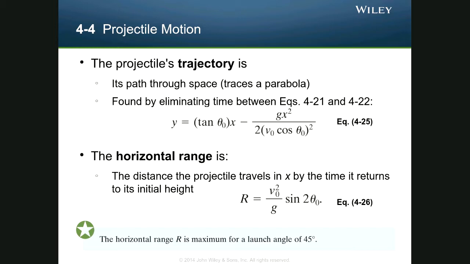All right. So yes, if you want to look at y as a function of x, you can do that. Like what's its y value for a given x position? You can definitely do that. The range, the total x component it will go, is equal to this equation here.